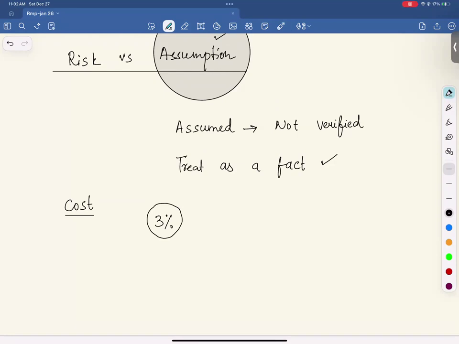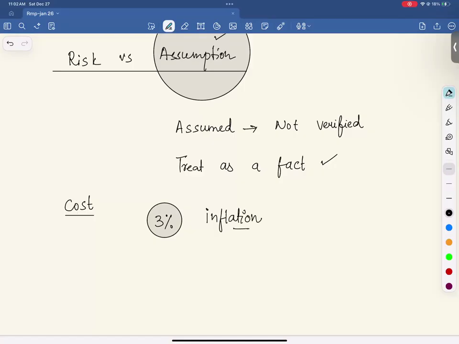So your calculations are based on this assumption. You understand, everybody? This is your assumption. You're basing your plan on this. Inflation would be 3%.